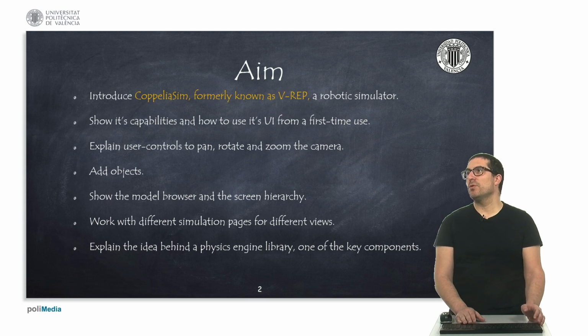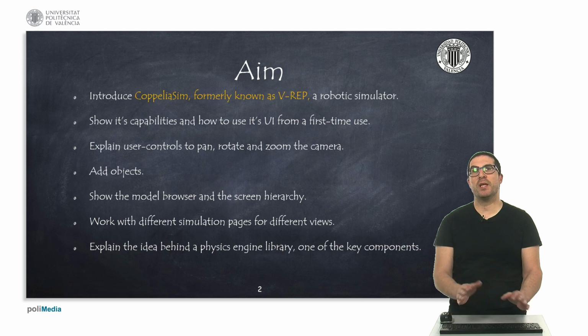So the idea is to briefly show some of the capabilities for a first-time user. I will show how the user interface works, and mostly how to move the camera to display different objects in my scene: how to pan, rotate, and zoom, and also how to add objects to my scene.